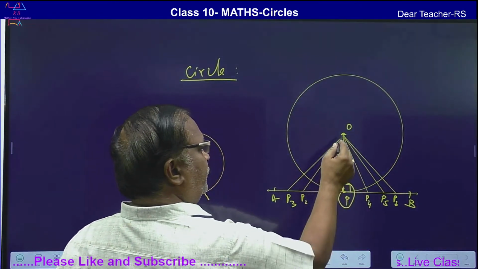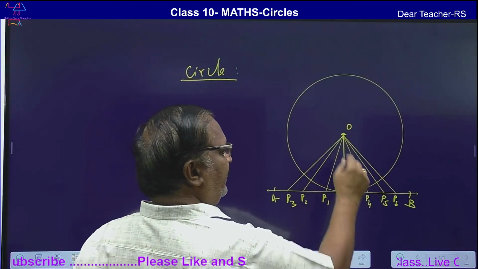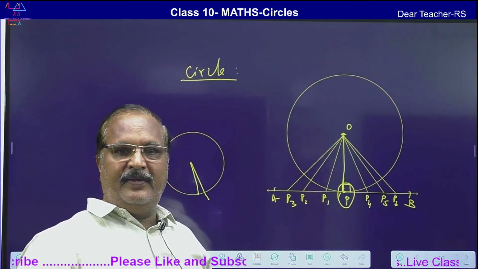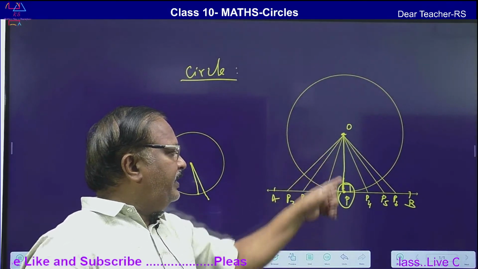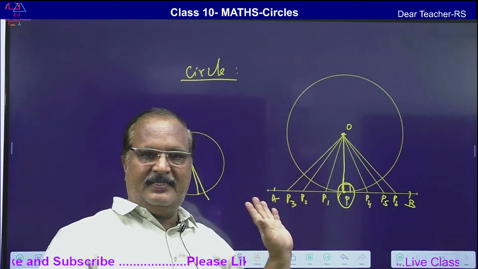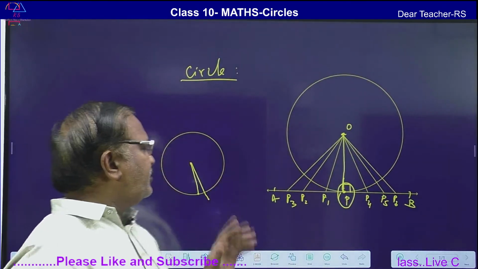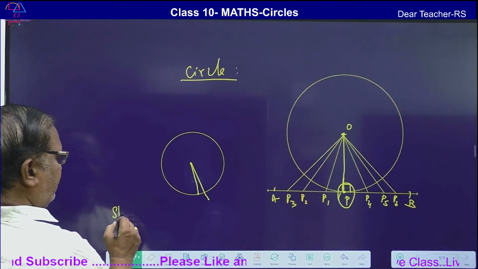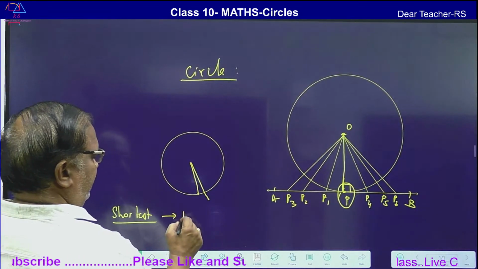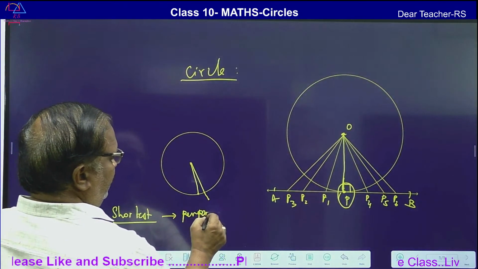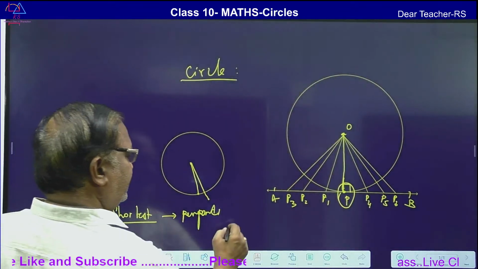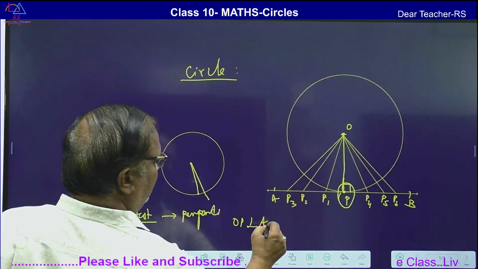OP1, OP2, OP3, OP4, OP5, OP6, they are all longer than OP. In other way, OP is the shortest among all these line segments. So shortest is always perpendicular. Shortest is always perpendicular. So among all these lines, OP is the shortest. Therefore, OP is perpendicular to AB.